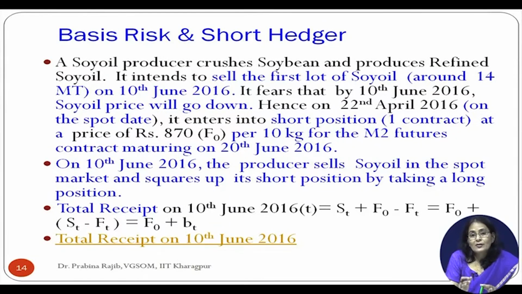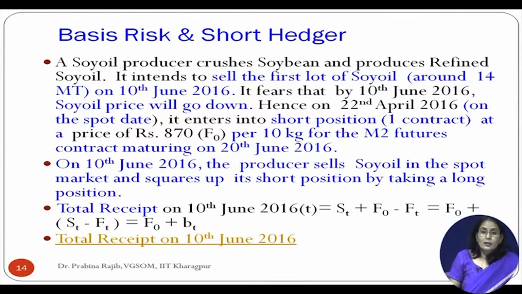So his physical transaction date is the day he will actually sell the soya oil at the prevailing spot price in a local market, let's say Indore, on 10th June 2016. He fears that the price will go down, and hence enters into a short futures contract at a price of 870 per 10 kg for the second month futures contract, which matures on 20th June.